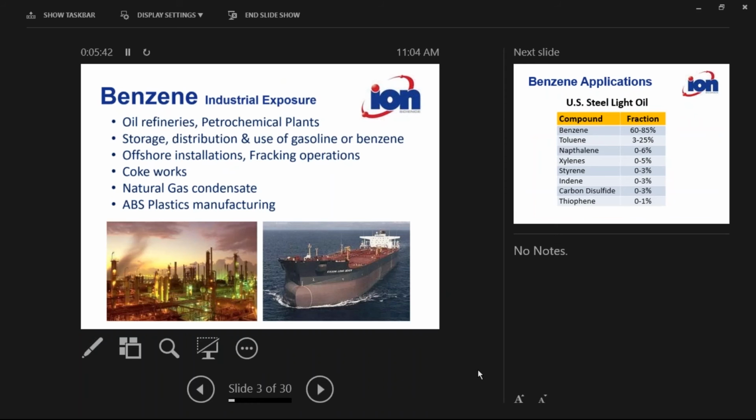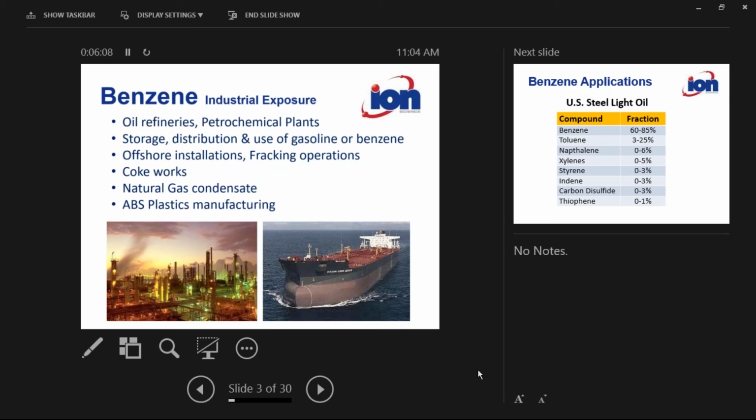To get to the benzene applications, benzene is found in lots of locations, in oil refineries, particularly petrochemical plants. Any place that stores, uses, or distributes gasoline or benzene, including these refineries, offshore installations, fracking operations, coke works.